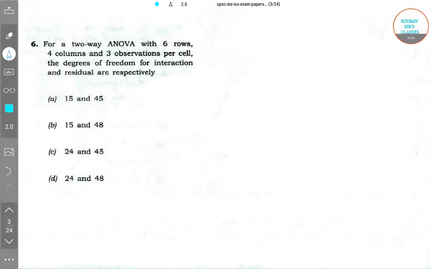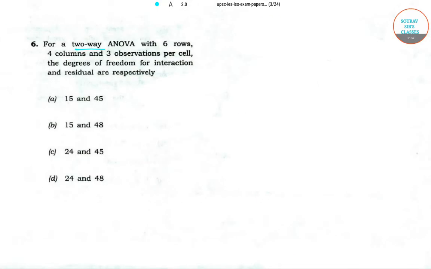The next question is, for a two-way ANOVA with 6 rows, 4 columns and 3 observations per cell, the degrees of freedom for interaction and residual are respectively. Here we have been given that the number of rows, A, is 6 and the number of columns, B, is equal to 4.